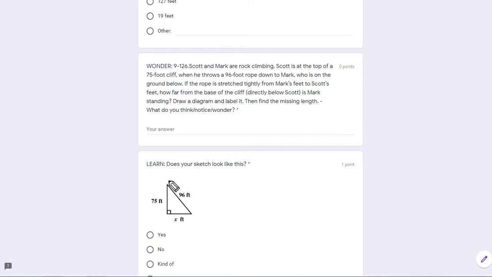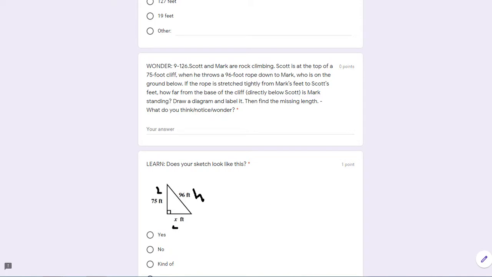Scott is up here, and he threw that rope down to Mark, and they stretched it out, and that was your 96, and that is your hypotenuse. Okay, and this is one of your legs. So you're finding the distance from the base of the cliff to where Mark is standing. Okay, so that is another leg.